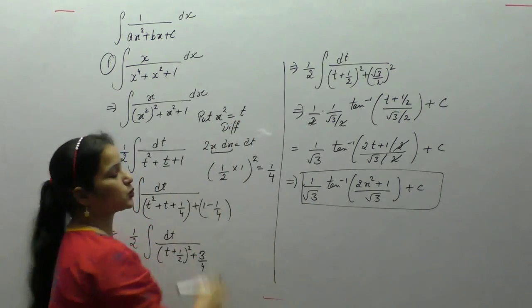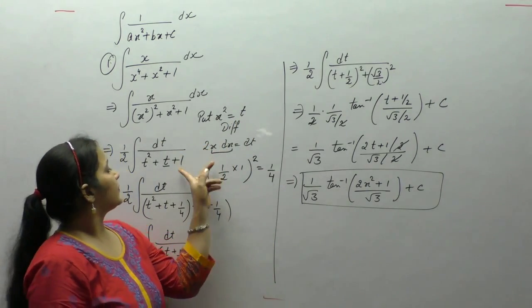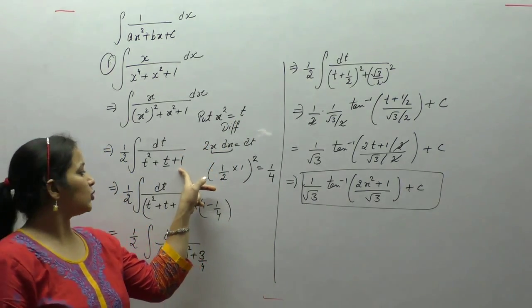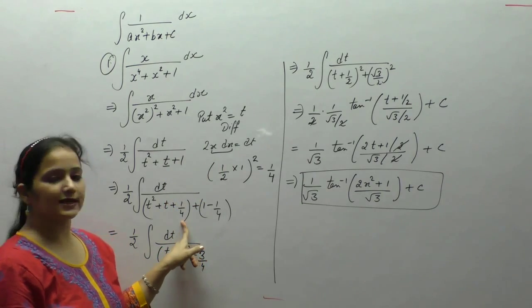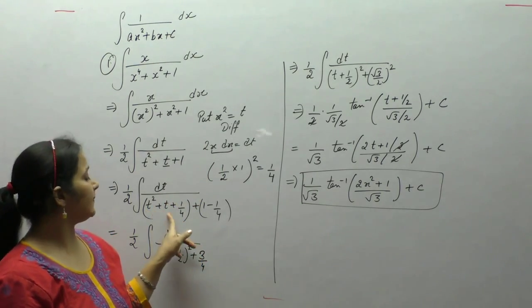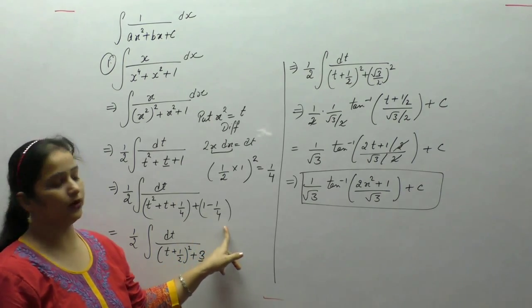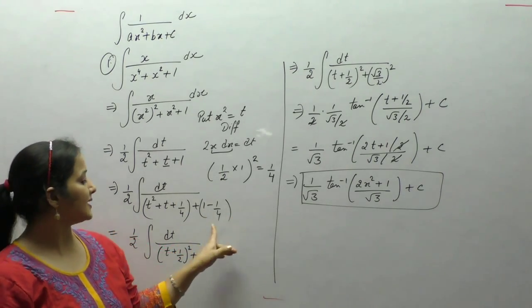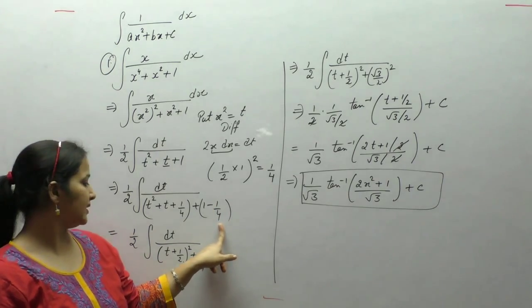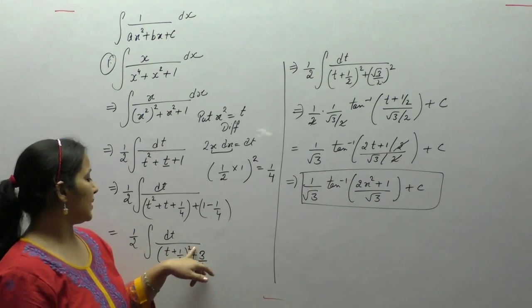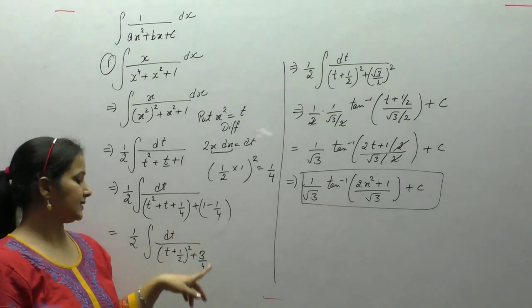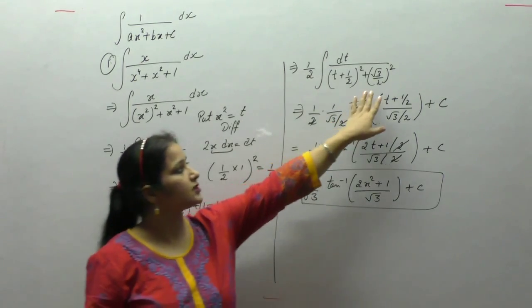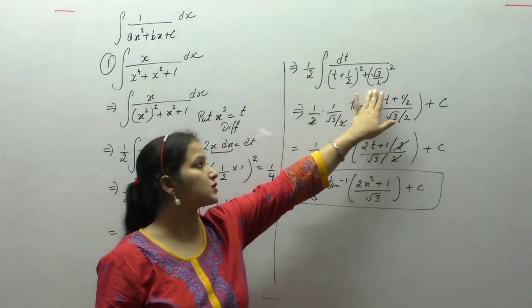To recap: first take x square as t. After that, by the completing the square method, we complete the square of this t square plus t plus 1 by 4 and minus 1 by 4. We add the term 1 by 4 and subtract the same term in the denominator. t plus 1 by 2 whole square, square completed. Here we get 3 by 4, (square root of 3 by 2) whole square.